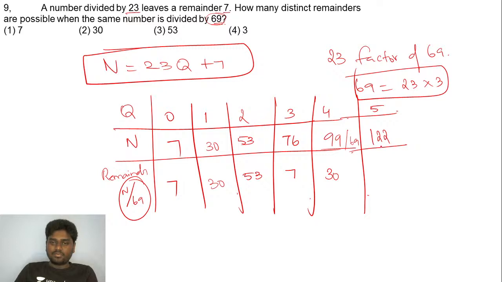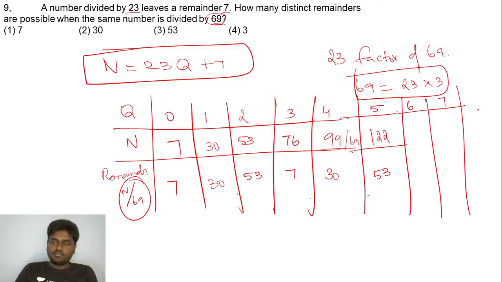If you divide this by 69, this will exactly give you 53 as the remainder. And if you go for 6, 7, and 8, for 6 you'll be getting 145. For 7, it's going to be 168. For 8, it's going to be 191.